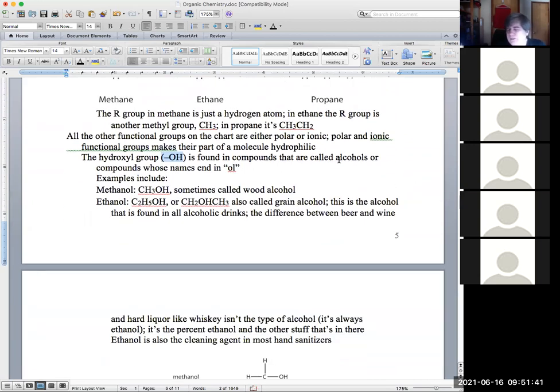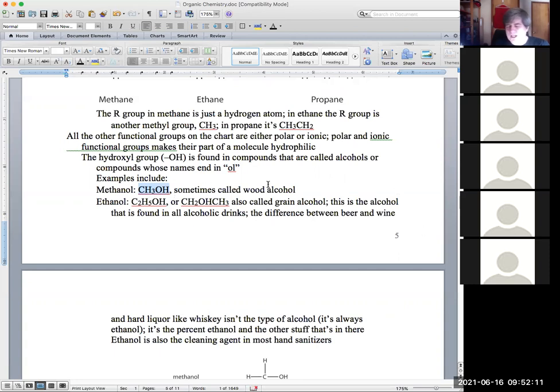Now, compounds that have this functional group are sometimes called alcohols, or if they're really big, we don't necessarily put alcohol in their name, but sometimes they will end in -ol. So the simplest type of molecule that has an OH functional group is something called methanol. Methanol has the formula CH3OH.